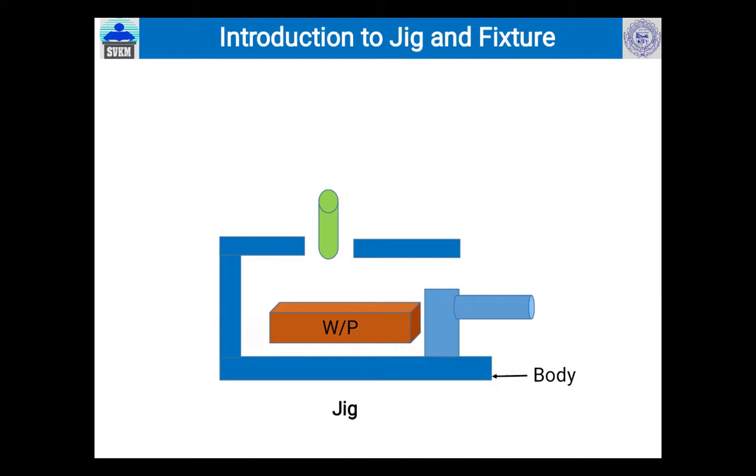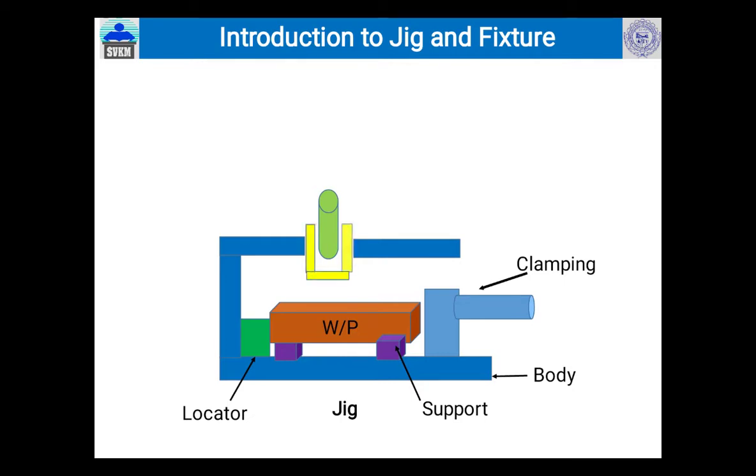From the front side, if we give a stopper which is called a locator, and at the bottom we give support, and to hold the workpiece we provide a clamp, and to guide the cutting tool if we add a cutting tool guide element, which is a bush, and carry out a drilling operation. In that case, the cutting tool is guided by a bush.